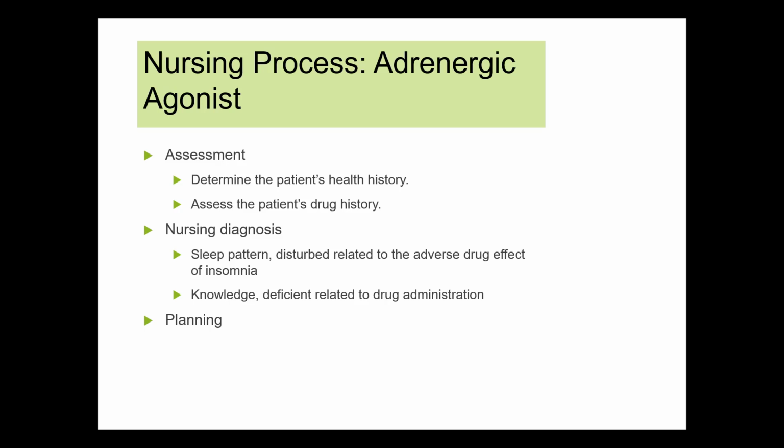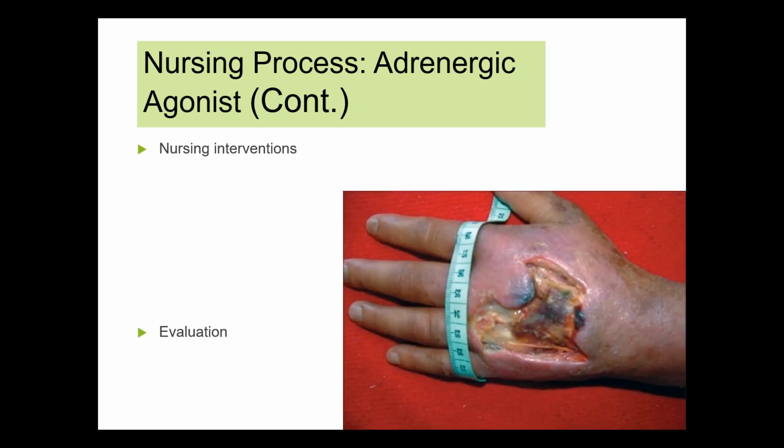So as far as doing the nursing process with these types of drugs, you just need to know the health history, the drug history, to make sure there's not any interactions. How are they sleeping? Because this can keep them up. And also, another nursing diagnosis could be knowledge deficit related to drug administration. And this is an example of tissue necrosis from epinephrine IV.